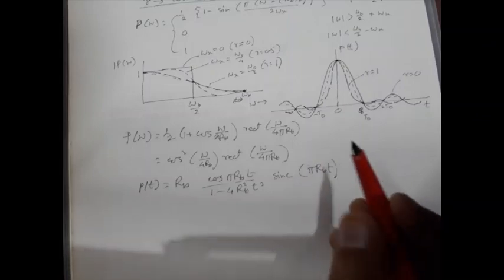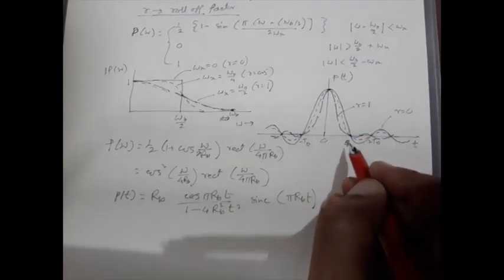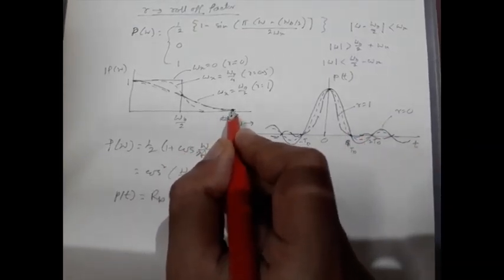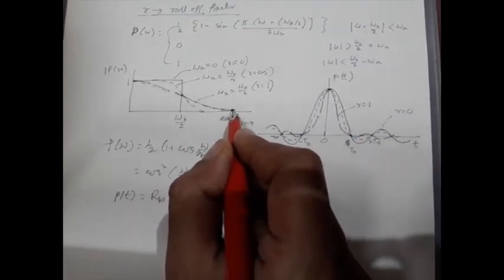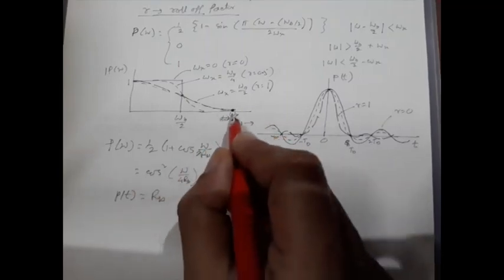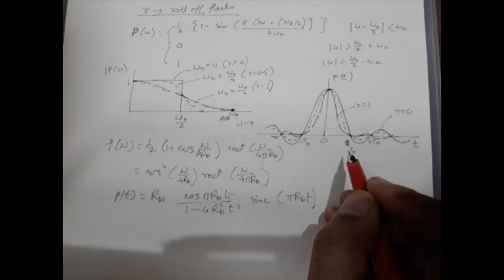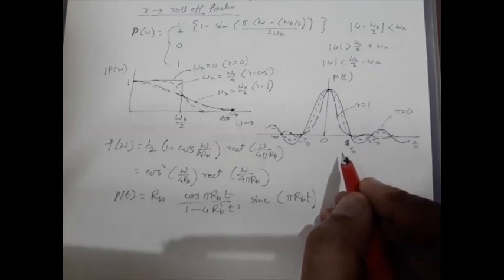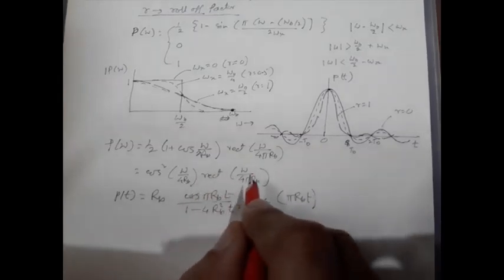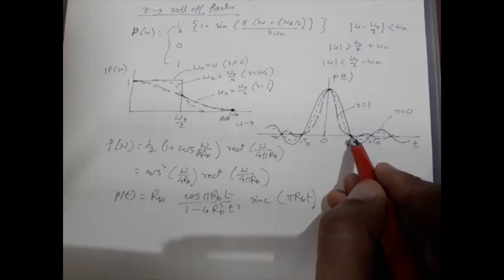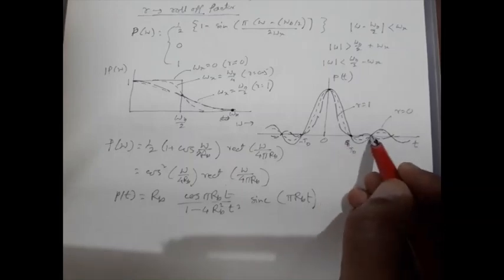So we can see the features of this raised cosine pulse. Its bandwidth is omega b, or in terms of hertz we can call it Rb hertz. Then it has 0 at other sampling instants.